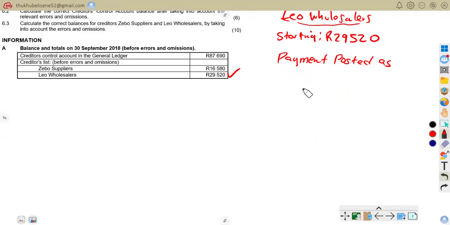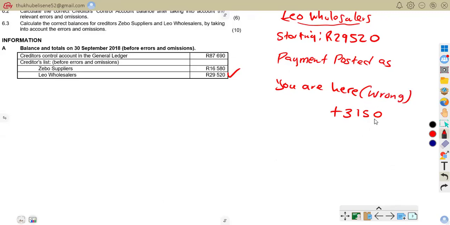We are trying to find what we must do. So we are going to think of it like this. You are here. We are saying you are here. When you are here by plus 3,150, it means you increase what? You increase our creditors, which is wrong.